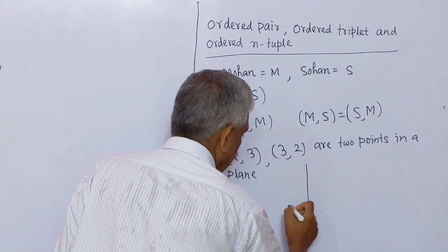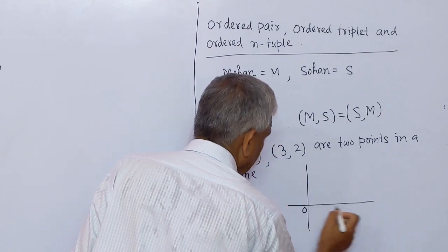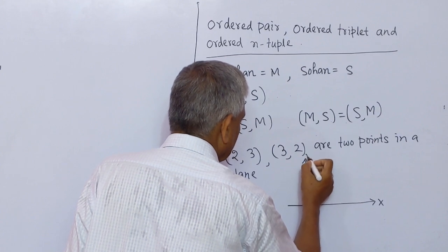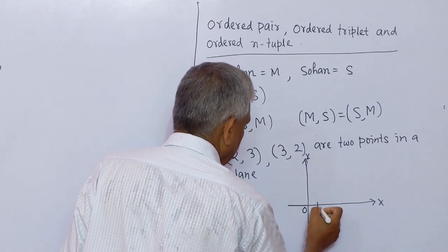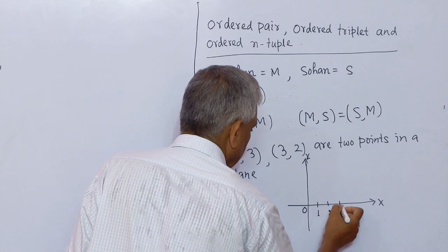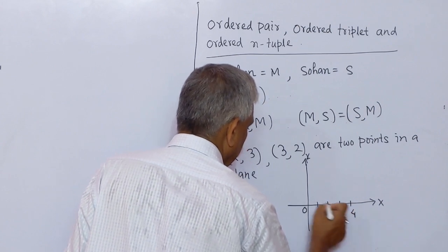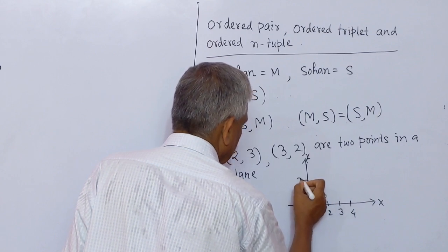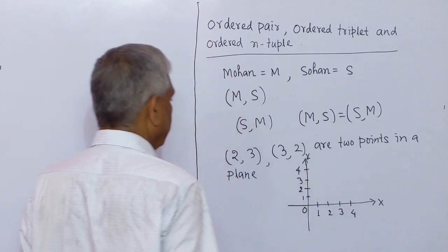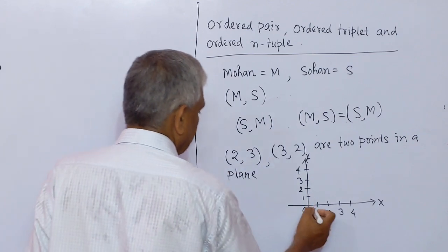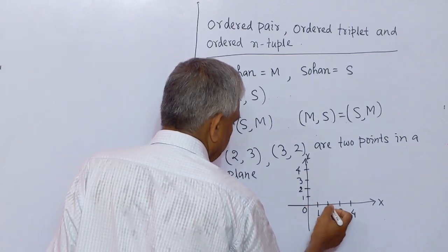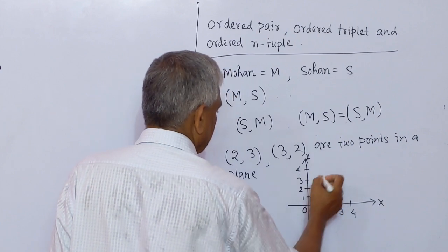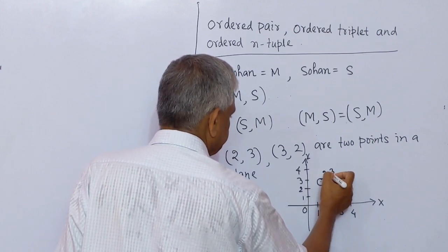Here this is the origin, this is the x-axis, this is the y-axis. Here this is 1, 2, 3, 4, here 1, 2, 3, 4. Now 2 3 means we take 2 in the x direction and 3 in the y direction. This point is 2 3.